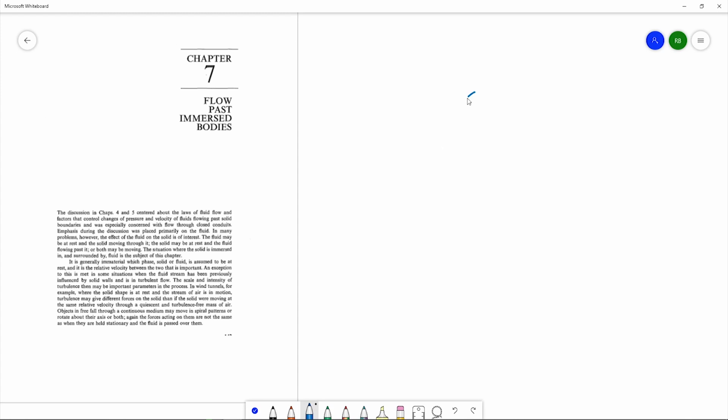Okay, so suppose we are studying unit operation, right? We are going to handle solids, so this handling may include handling solids through a fluid.